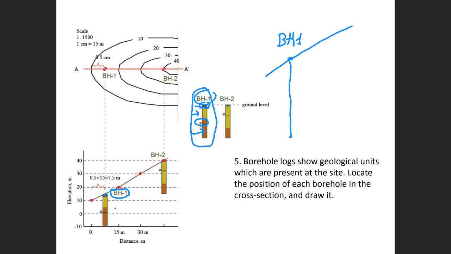Then you don't really need to draw those squares with different colors. You can just show the boundary of each layer and write here, for example, sand, clay, and whatever you have, maybe rock.